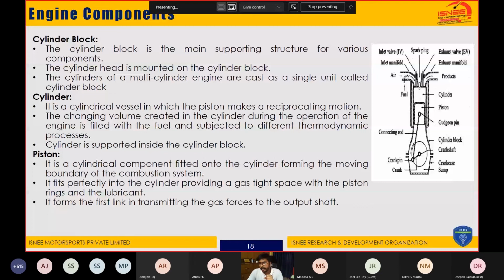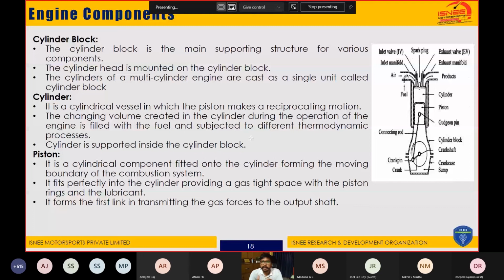This part is your cylinder block and inside it is the cylinder. This cylinder is a cylindrical vessel in which the piston makes a reciprocating motion, a downward and upward motion. The changing volume created in the cylinder during the operation of the engine is filled with the fuel and is subjected to different thermodynamic processes.